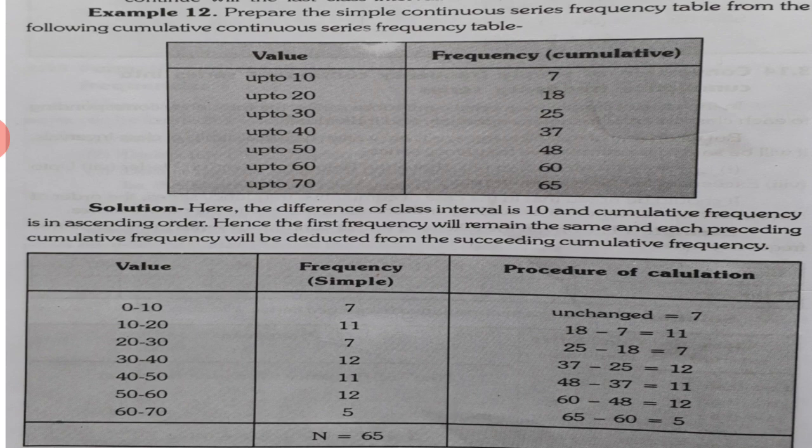For the third class, 25 minus 18 is 7. For the fourth one, cumulative frequency is 37 and for the preceding it is 25, so 37 minus 25 comes to 12. For the fifth, 48 is the cumulative frequency and 37 is that of the preceding one, so 48 minus 37 comes to 11, and so on.